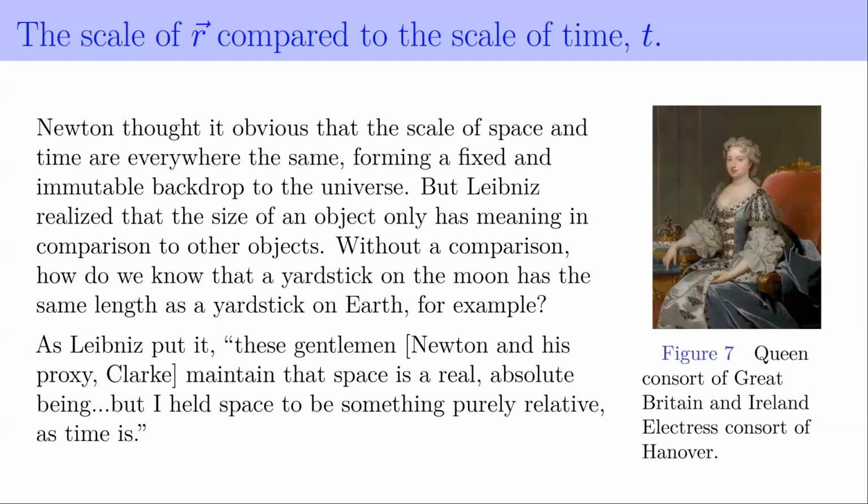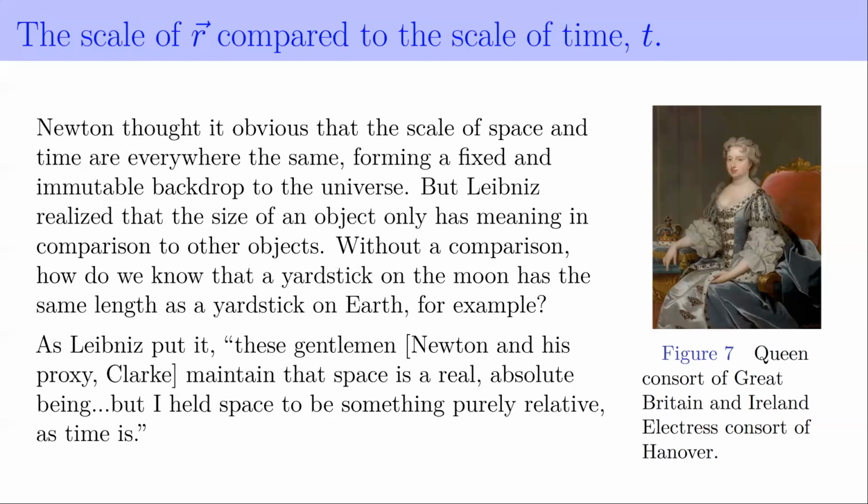But Leibniz thought that the size of an object only has meaning in comparison to other objects. And without a comparison, how do you know that a yardstick on the moon has the same length as a yardstick on the Earth, as an example?